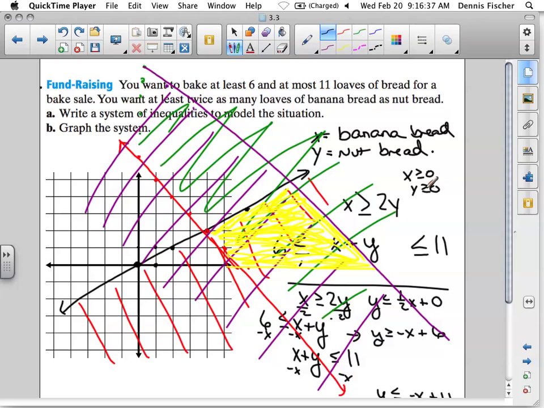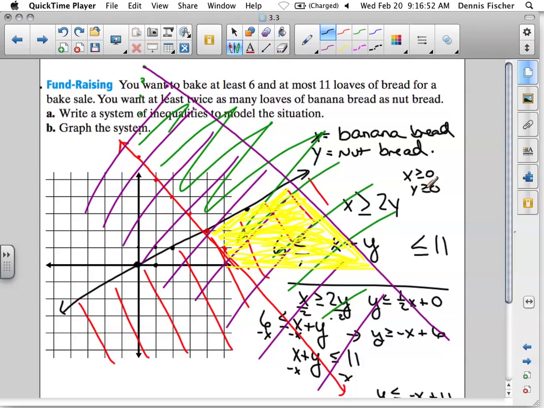So, questions on that? Now, we're going to go a little faster in here. Usually when we go faster, it means fewer problems.